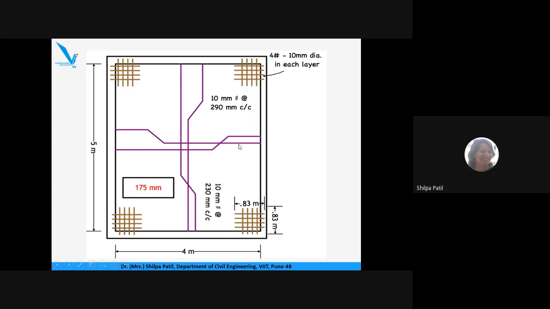If this is the bar along x direction, along the 4-meter direction, its details are written perpendicular to that: 10 mm diameter bar at 230 mm center to center. This is the reinforcement provided along the y-axis. Its information is written perpendicular to it: 10 mm diameter bar at 290 mm center to center.